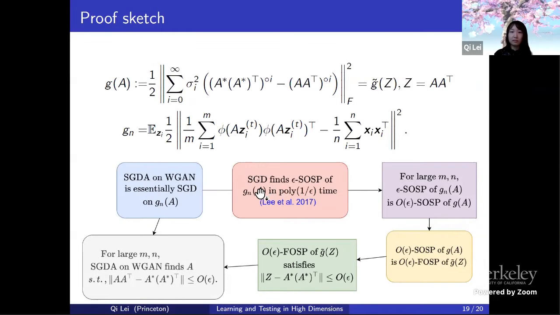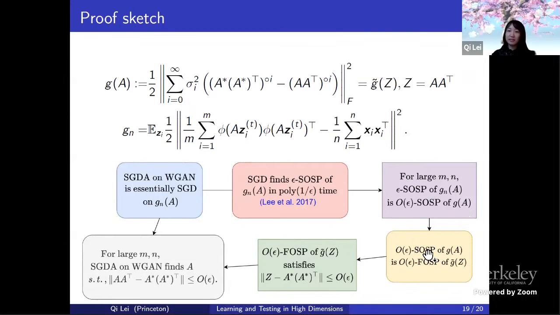And with some prior work, Li et al. and Ge et al., we can show that stochastic gradient descent will find an epsilon second order stationary point of Gn in polynomial time. And for large enough M and N, the epsilon second order stationary point of Gn actually will also be an order epsilon second order stationary point for this population risk of A.